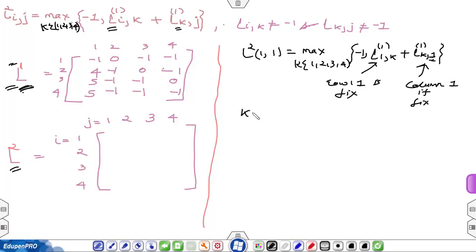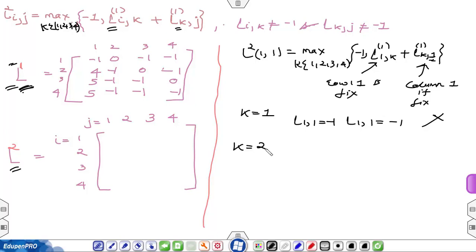So for k equal to 1, this term is L of 1 comma 1, and this term is also L of 1 comma 1. L of 1 comma 1 is negative, it is minus 1, so you don't have to consider it, no need to calculate for k equal to 1.